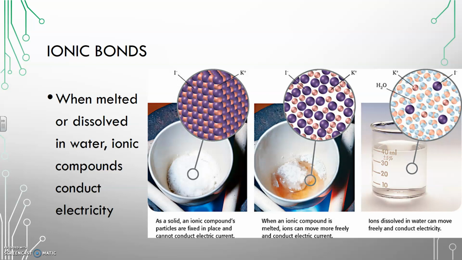Okay, and then because of that attraction, it will actually pull the network apart. So you have individual ions instead of just a mass of them now. Okay. So, because you have those particles spaced out, you can actually conduct an electric current, which will flow through the material.